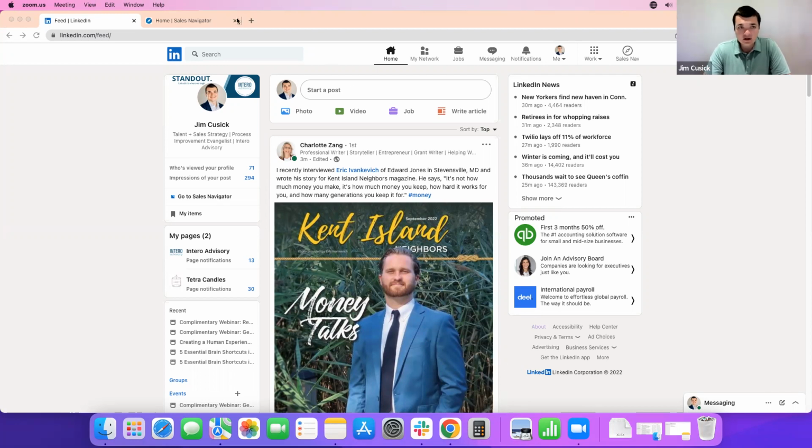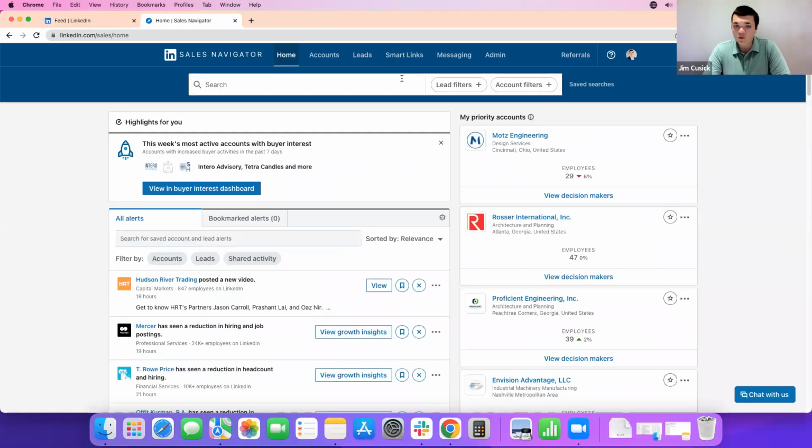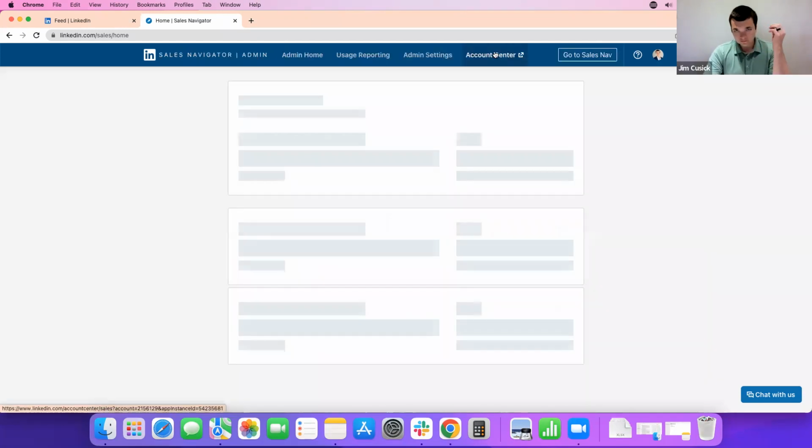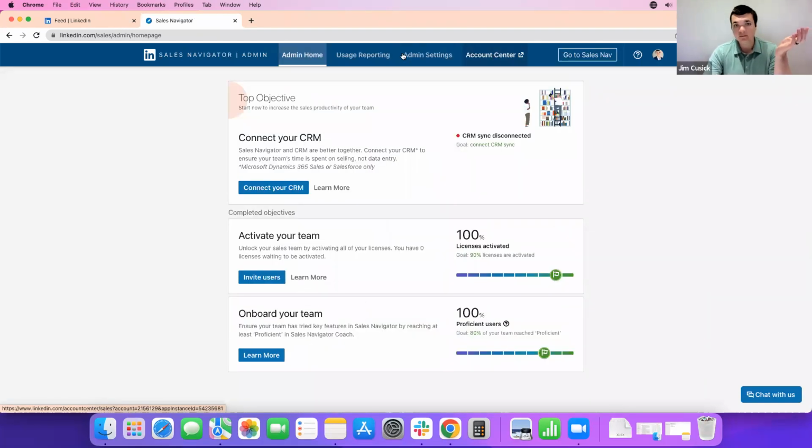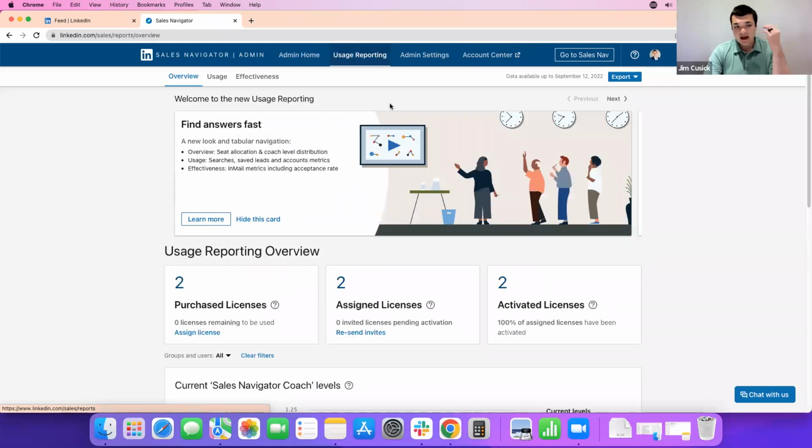LinkedIn Sales Navigator, if you have what was the team version and that is now the advanced version, if you have LinkedIn Sales Navigator, you are able to, in the admin section, in your usage reporting here, you are able to see how your team is using Sales Navigator based on parameters that LinkedIn has come up with.